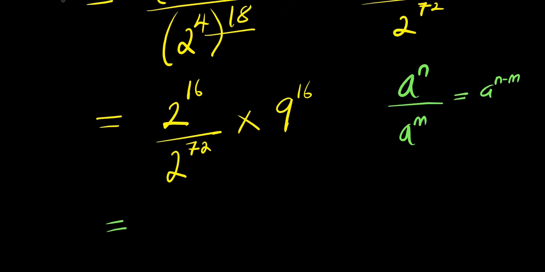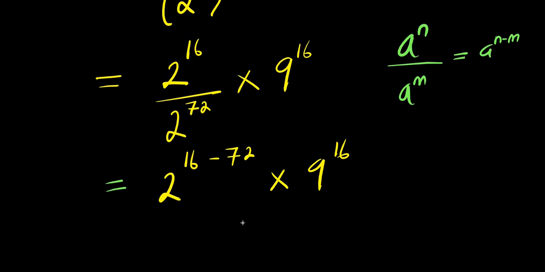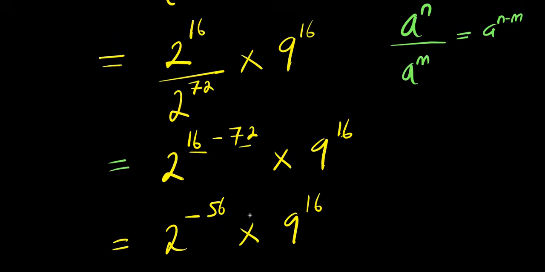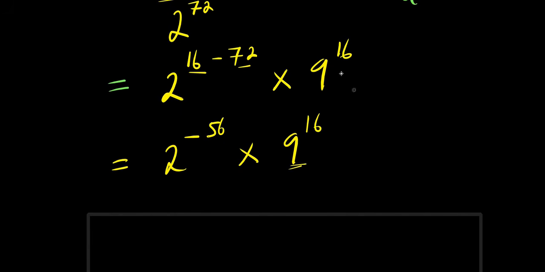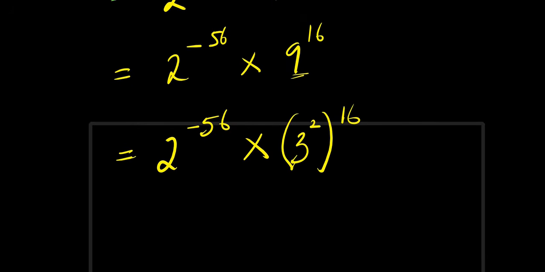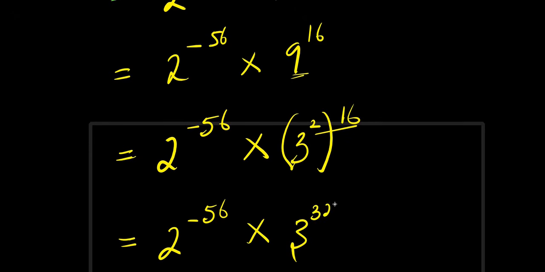So we have 2 power 16 minus 72 times 9 power 16. 16 minus 72 is negative 56, so this is 2 power negative 56 times 9 power 16. 9 is a perfect square, that's 3 power 2, so we have 2 power negative 56 times 3 power 2 to the power of 16. We multiply the exponents, 2 times 16, that is 32.